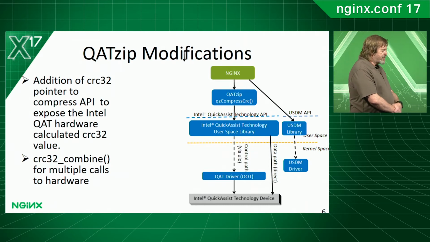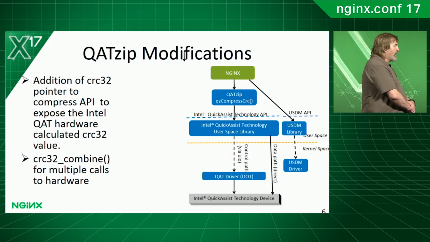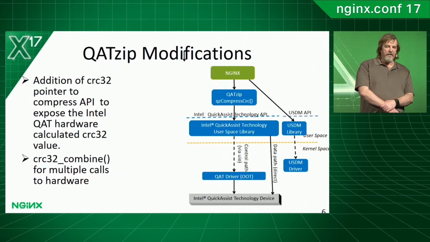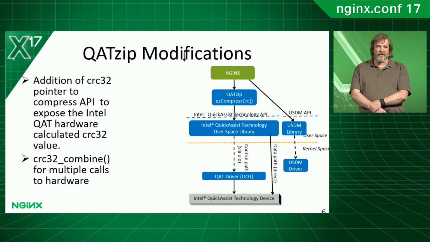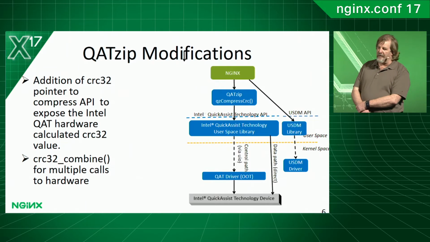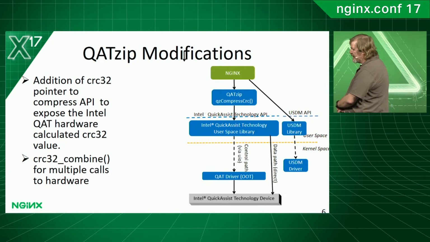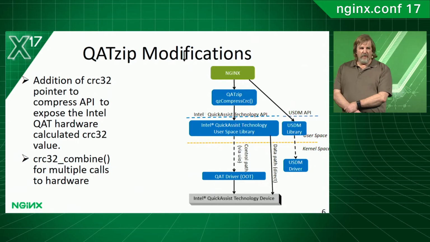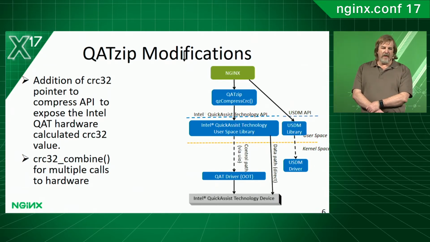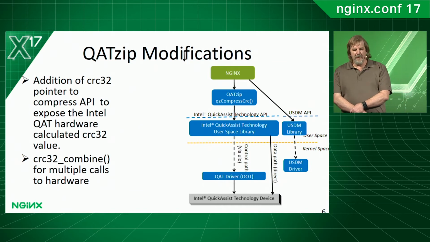But it also is designed to be a very straightforward API to use. You can just call QZ compress and QZ decompress without initializing any hardware or allocating any memory, and it will work. It was designed originally to support our efforts with big data, with enhancing Hadoop.